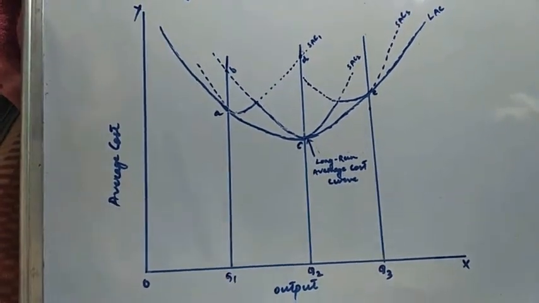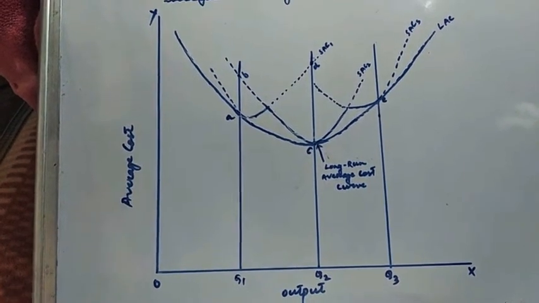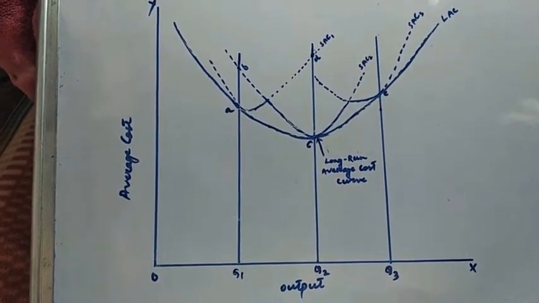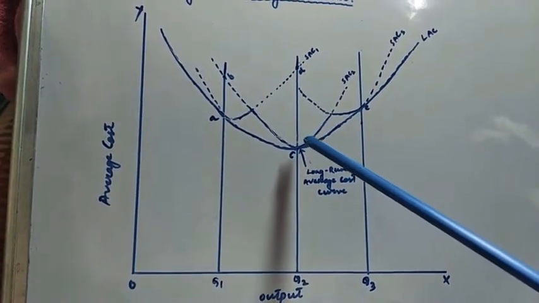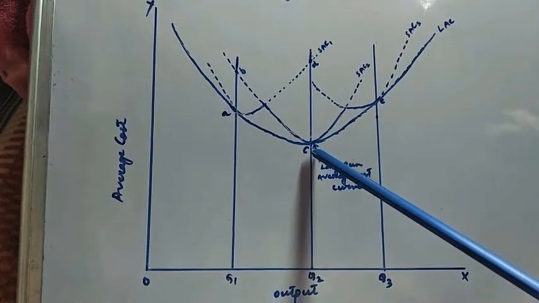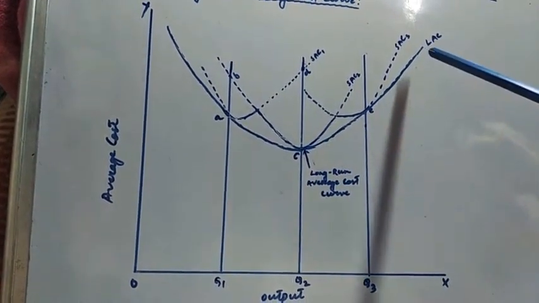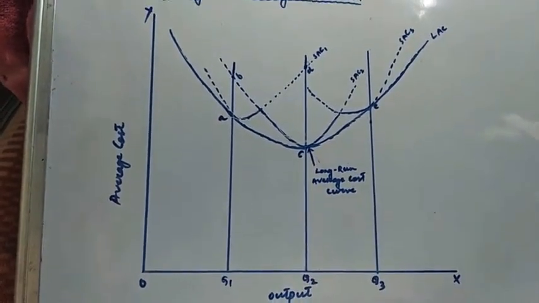And in the next step, it is because of the decreasing returns to scale that the long run average cost of production rises beyond a certain point. So at point C, it begins to rise. The LAC curve began to rise because of the decreasing returns to scale.